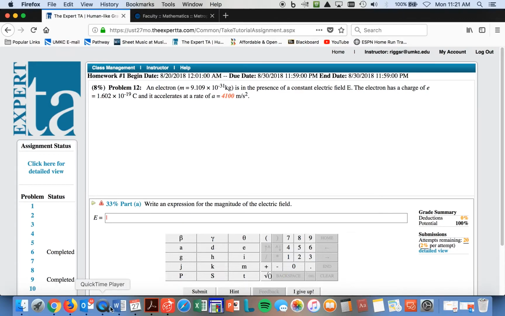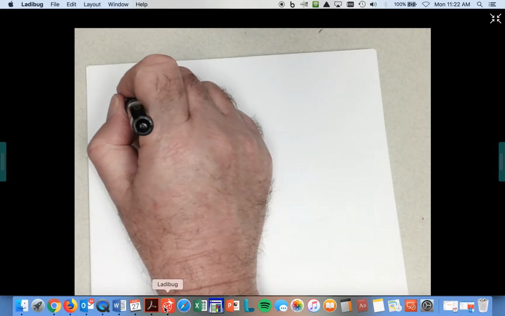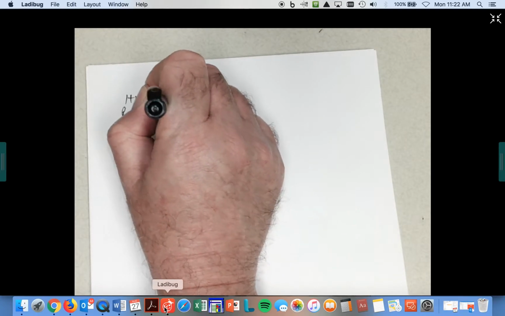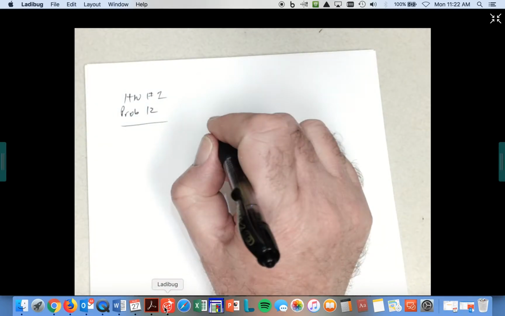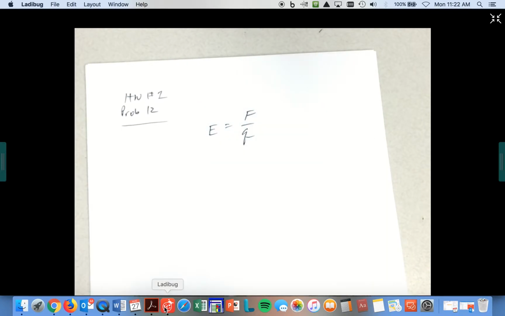We've already done that a few times. Problem 12, homework 1. We know that the electric field is equal to the force over the charge. But they want you to do it funny.